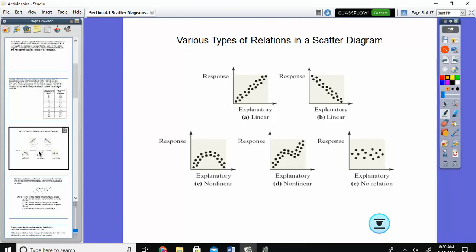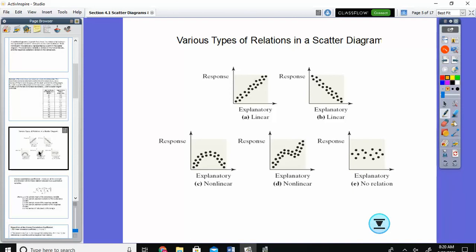These first two are very linear responses. This one's nonlinear. What does it look like? We'll call it more of a quadratic, like an upside down quadratic. There's definitely a pattern to it. It's not a linear pattern, but we'll talk about some of that.